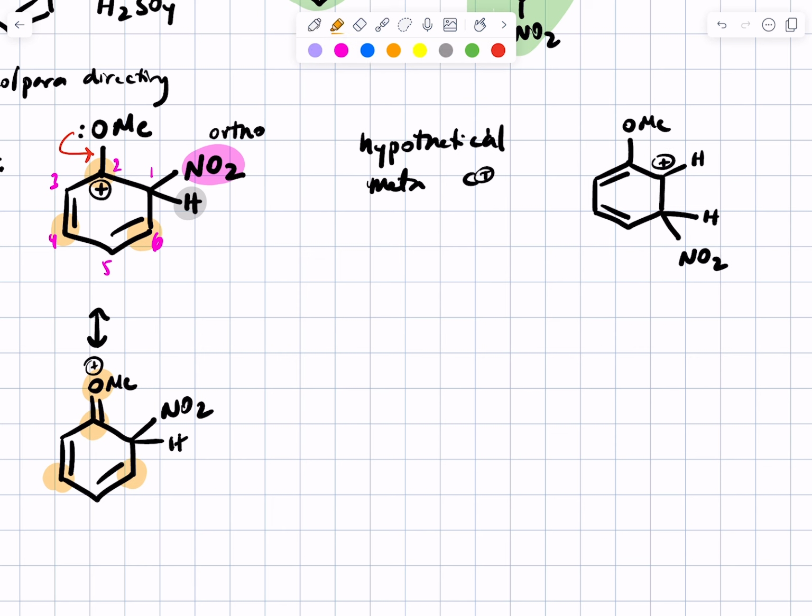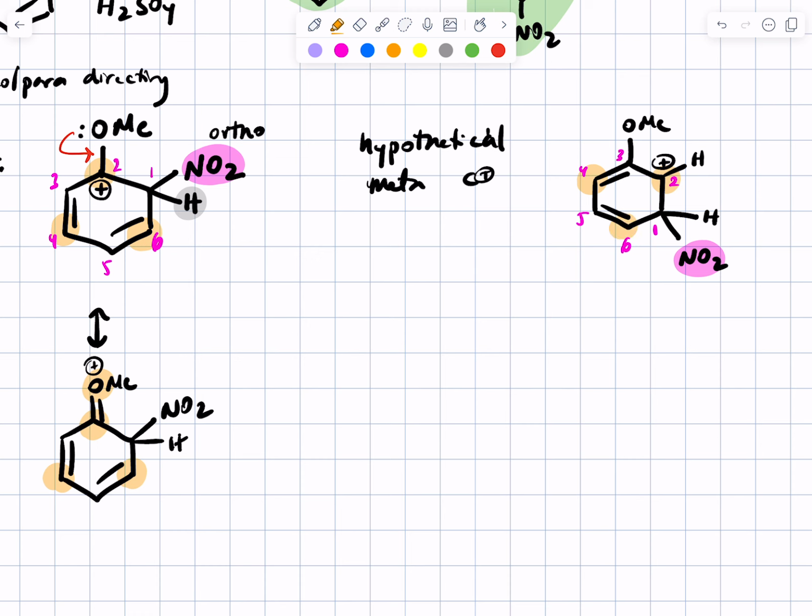Now again, we'll number relative to the nitro ring, and I want you to tell me which carbons can have the positive charge in this carbocationic intermediate. 4, 5, 6. Okay, that's better. Which ones? Again, 2, 4, and 6 relative to where the nitro group is.